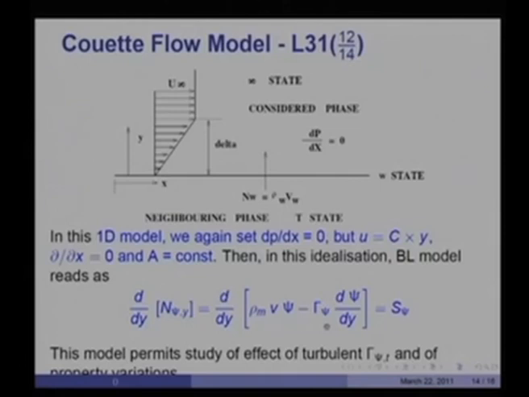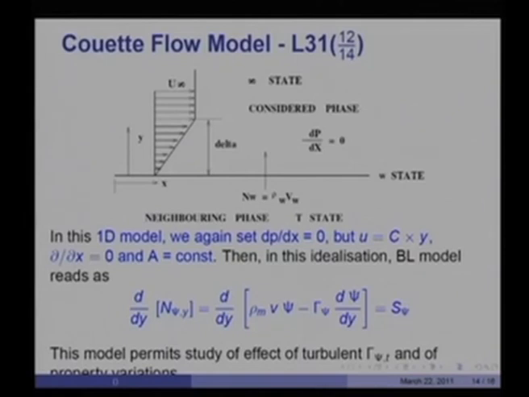And in fact, that is the limited purpose of this Couette flow model. It is not to predict the mass transfer coefficient G or the mass transfer rate so much as to examine the question of what would happen if the properties were to vary from the wall state to the infinity state.